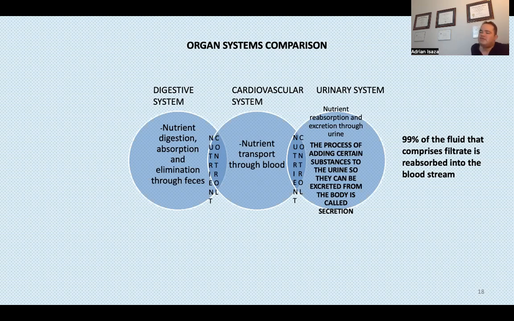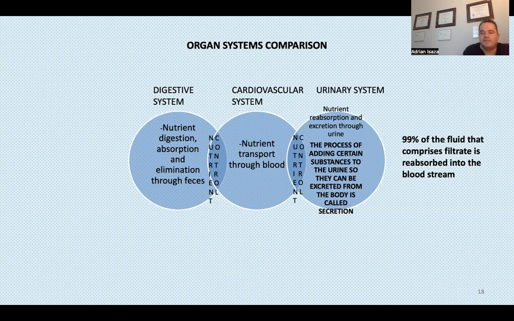So the initial absorption of nutrients takes place by the small intestine. Then the kidneys have to make a decision on, do we reabsorb, right? Keep it in the bloodstream, or do we excrete or eliminate through urine, which is waste, right? And of course, adding substances to the urine would be called secretion.